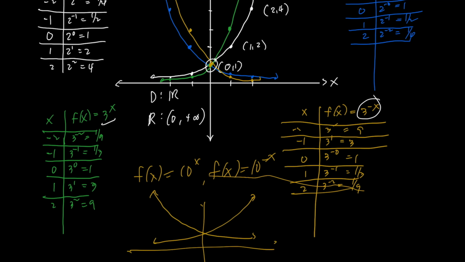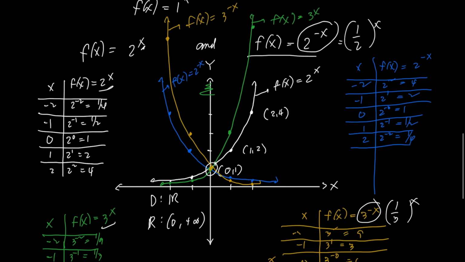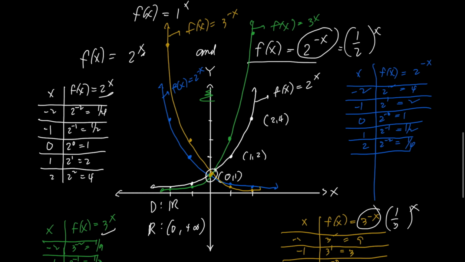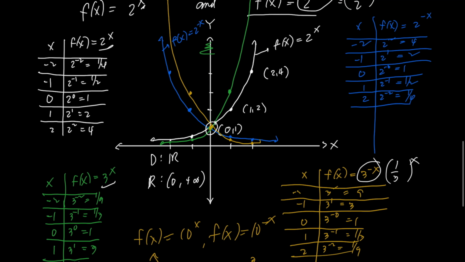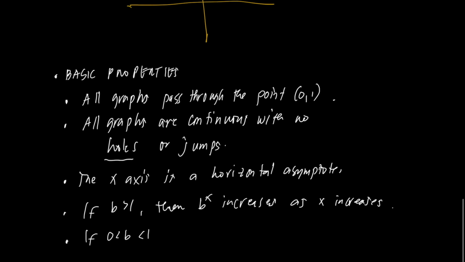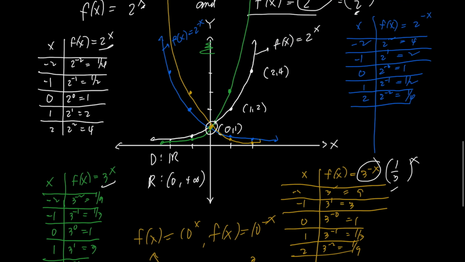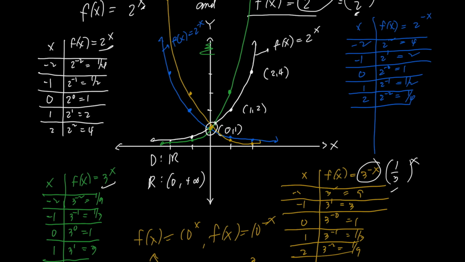And this 3 to the negative x is just (1/3) to the x, if you don't want to look at it in a negative way. So you can transform this one into (1/2) to the x and (1/3) to the x. So basically, this base here is in between 0 and 1. So what can you observe about their graphs?